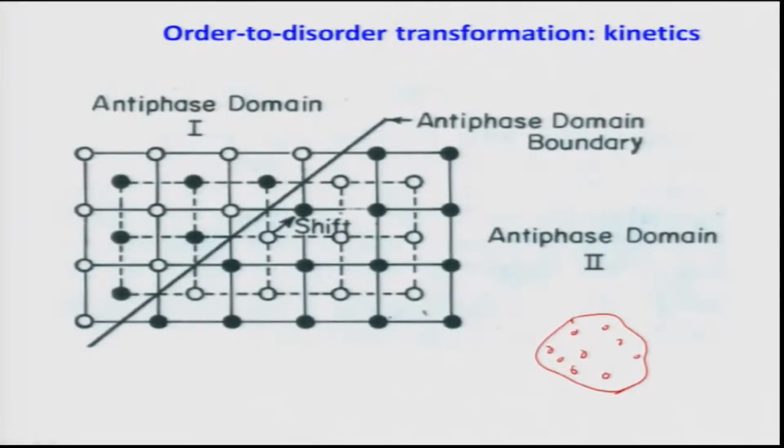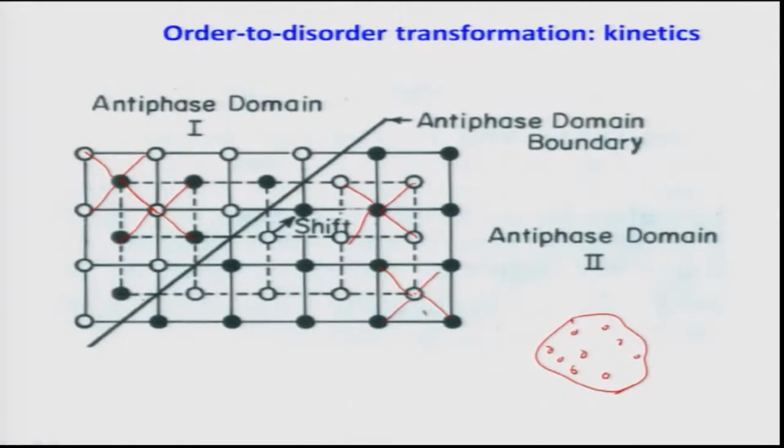You can see here the bonds are basically dissimilar types. A copper has a bond with gold or vice versa, gold has a bond with copper. You can see all the bonds are like that, nearest neighbors. And on this side also it is exactly the same. This is a gold atom, it has bonds with copper. Similarly, if I take a copper atom, it has a bond with gold. So opposite type of bonds are happening on both sides, whether it is gold-copper or copper-gold.